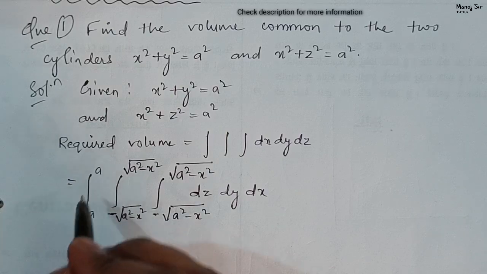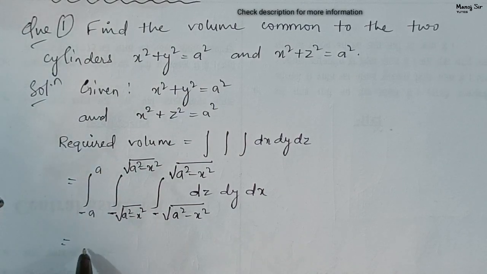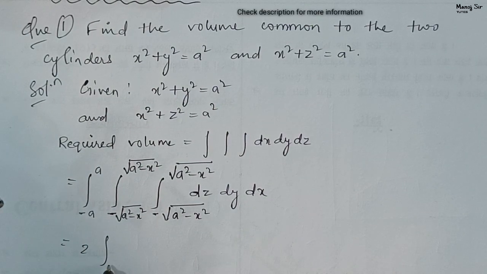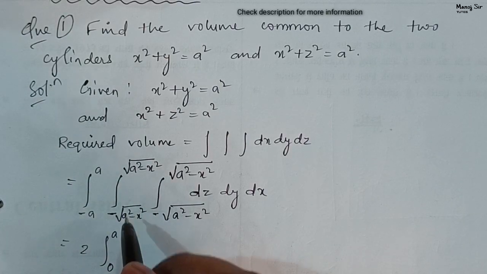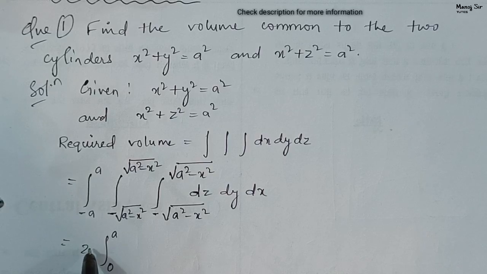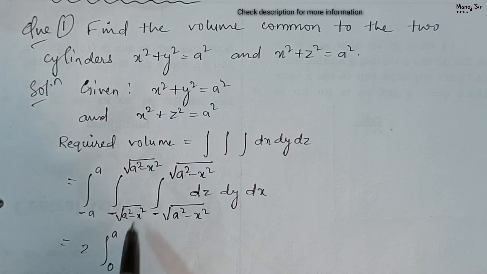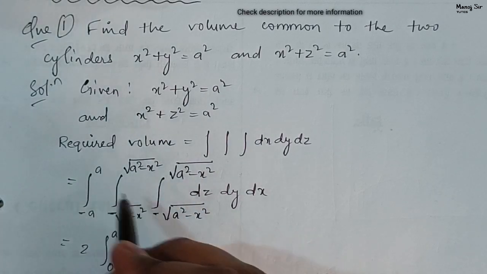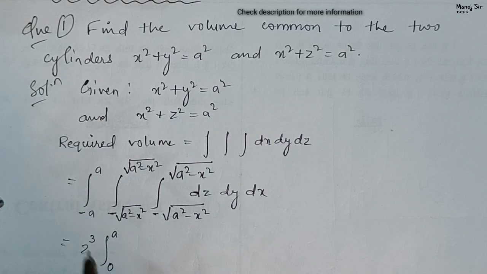So we can take 2 from here, that is 2 into 0 to a. Then if we take 0 to this, it will become again 2. We can again take 2 from here, so this can be written as 2 cube.